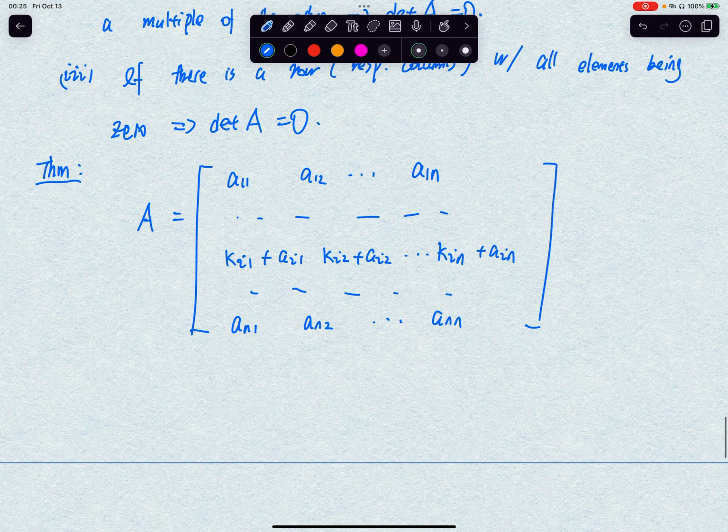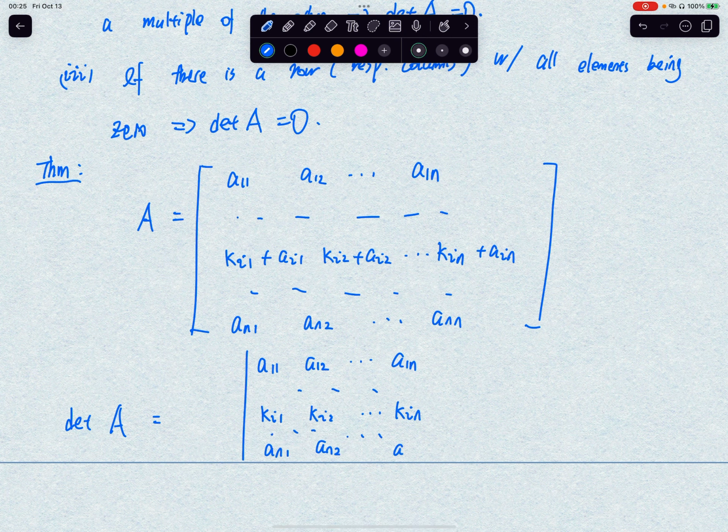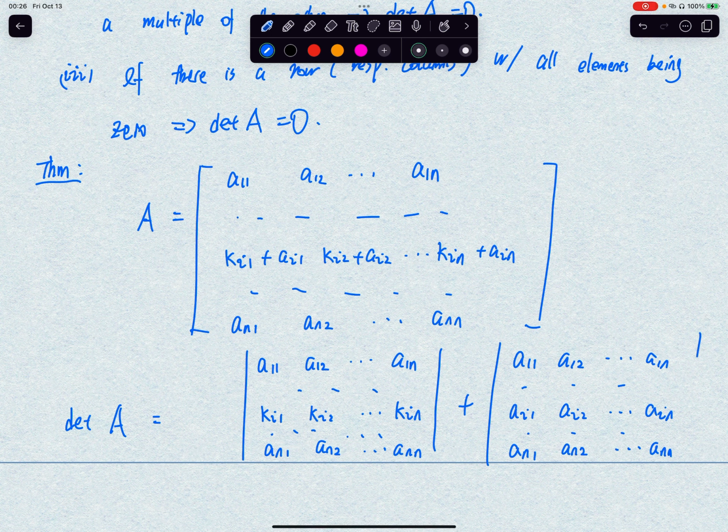Then the determinant of A equals, so let me just use the determinant form, the determinant with rows a11, a12, a1n, then ki1, ki2, kin, then an1, an2, ann, plus the determinant with rows a11, a12, a1n, then ai1, ai2, ain, then an1, an2, ann.